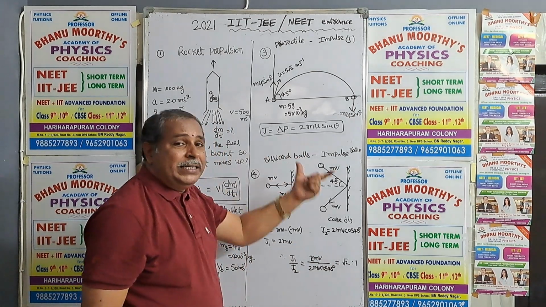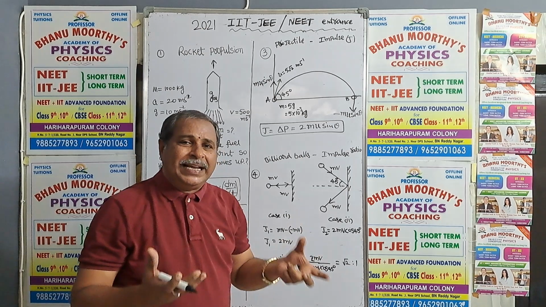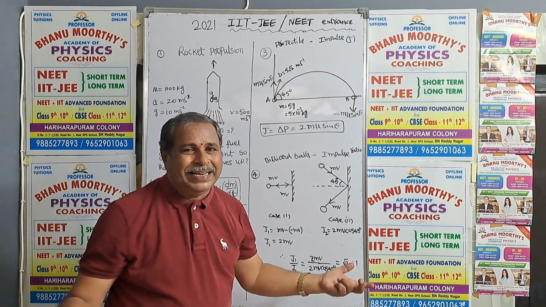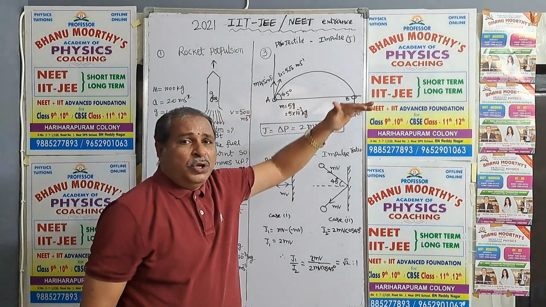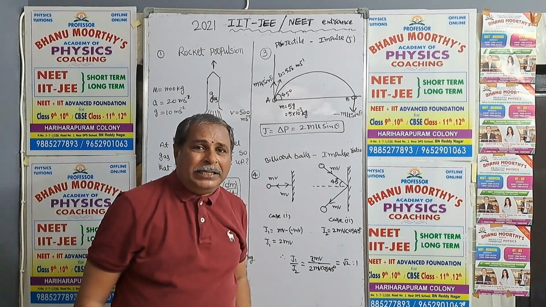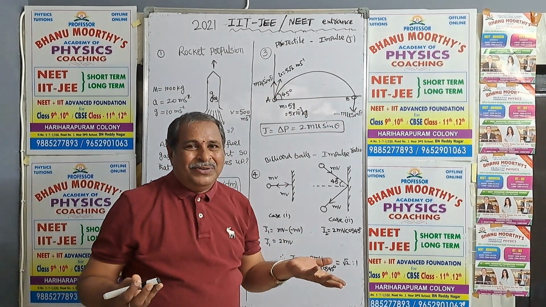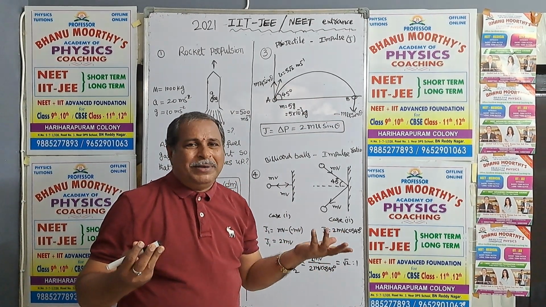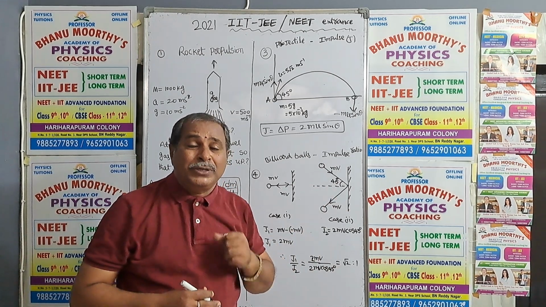The change in momentum between first point and last point in the case of a projectile is 2 mu sin theta. And in the horizontal direction, you won't get change in the momentum, because in the horizontal direction velocity is always constant, no? So if velocity is constant, momentum is constant, there is no change in momentum along the x-axis in the case of a projectile.